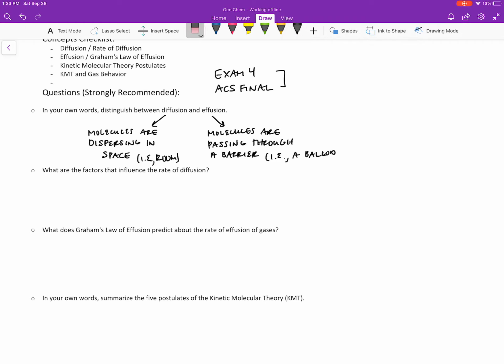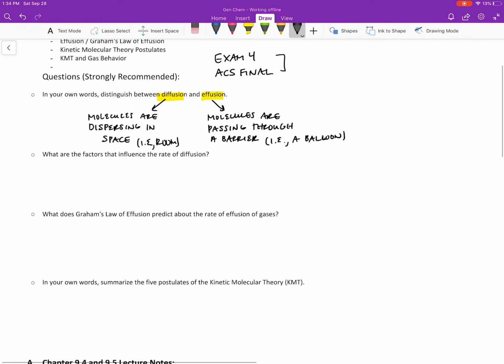It would help if I could spell balloon. Balloon. Hopefully that's right. Looks kind of weird to me right now. Okay, so that's my definition. Your book is going to give you another one, but when I have to compare the two for myself, I like to think of it as one dispersing through space, like within a room, and one is passing through a barrier, like a balloon.